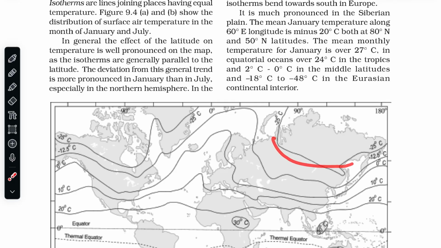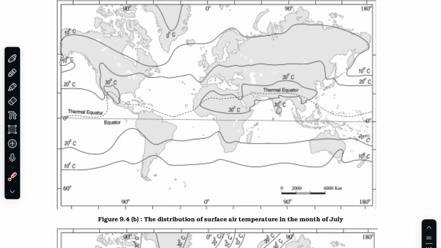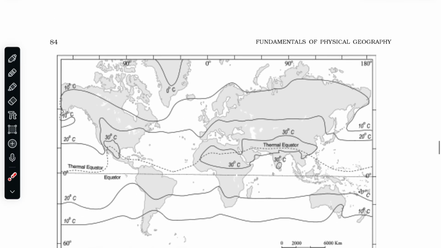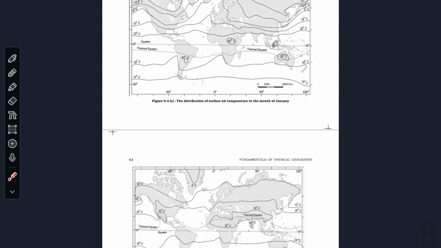So over this region, we have this distribution surface. You could directly see it if we compare both of these maps. Over these lands, if this is the isotherm of 20 degrees Celsius, the isotherm bends southwards. Like it has come over here.